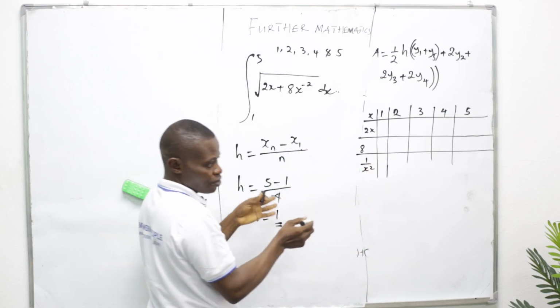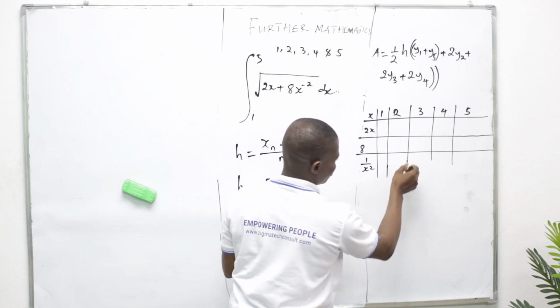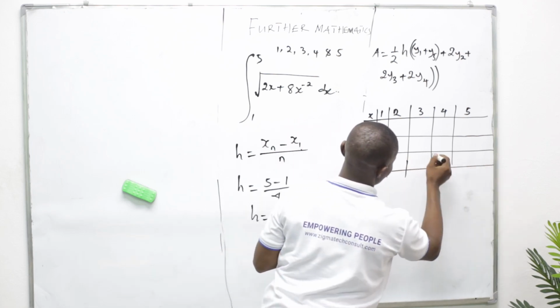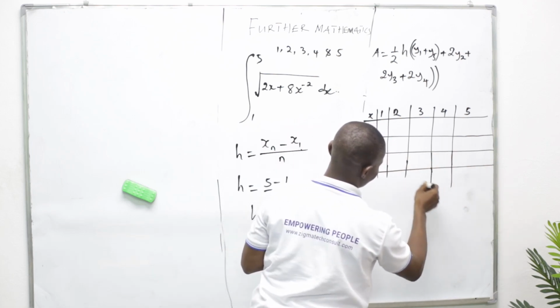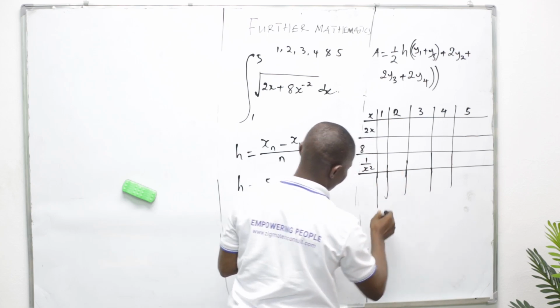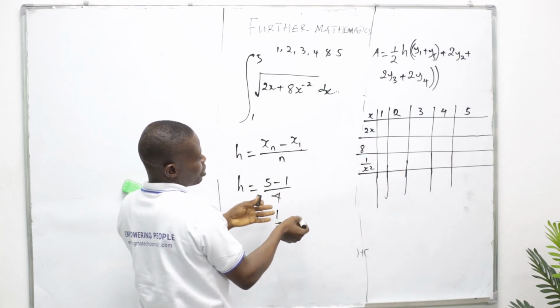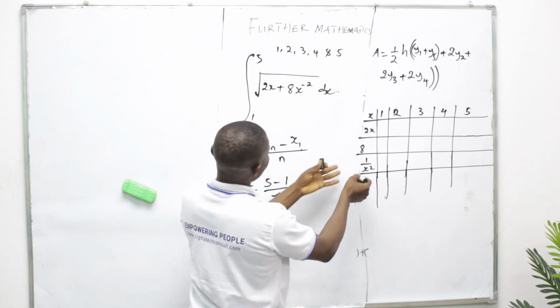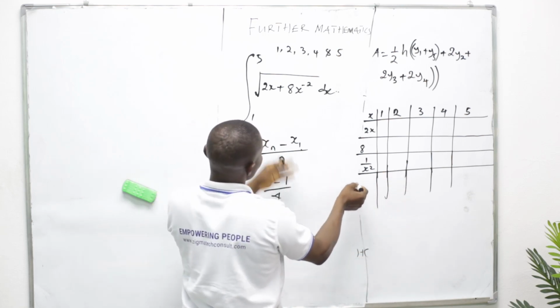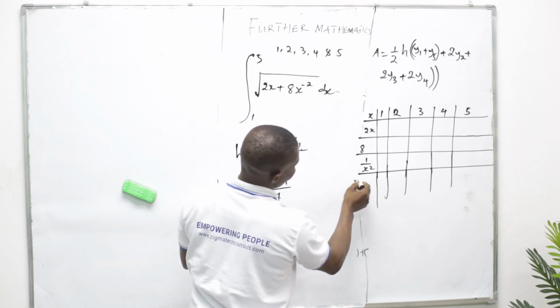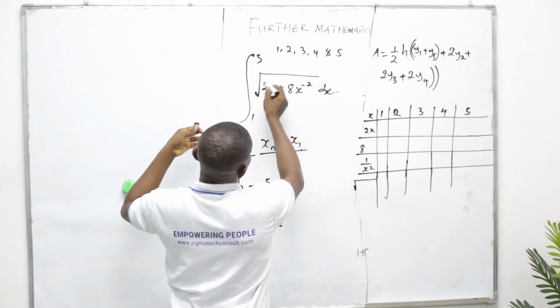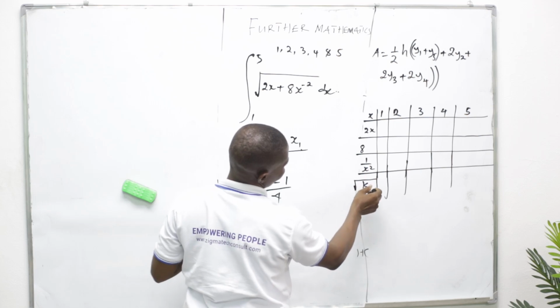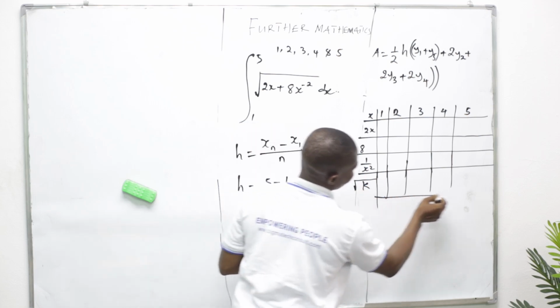I hope you are not confused. Finally, I want to get my y. Just like a quadratic equation, you must write y equals whatever. So now, our y here is the square root of, let me call whatever that is here, k. Square root of k.